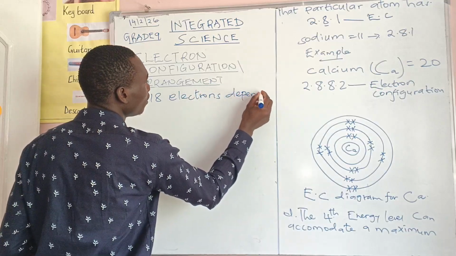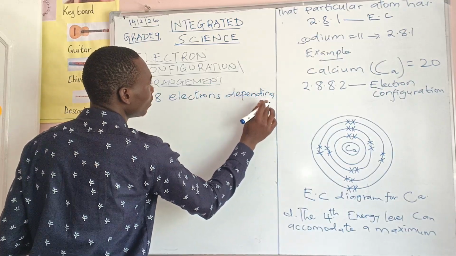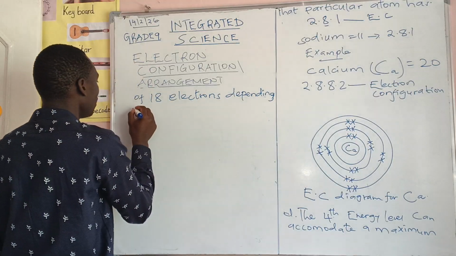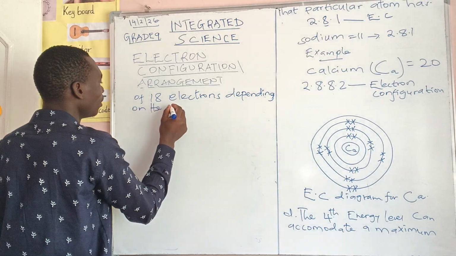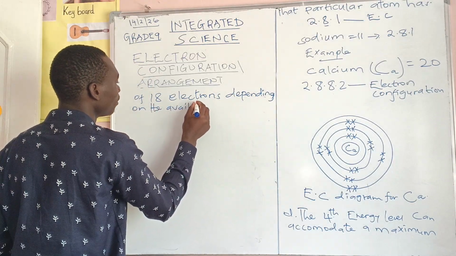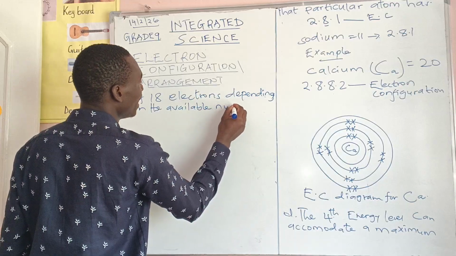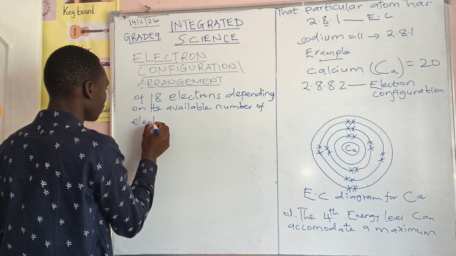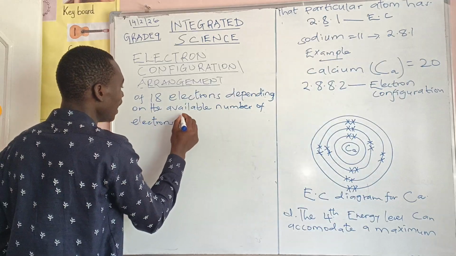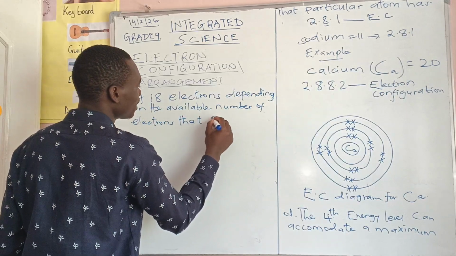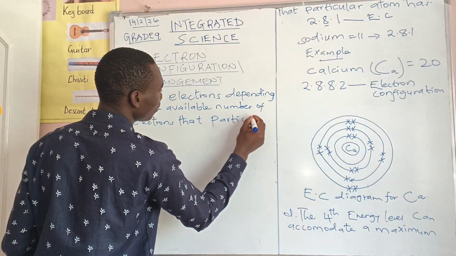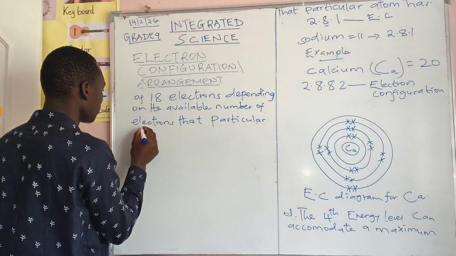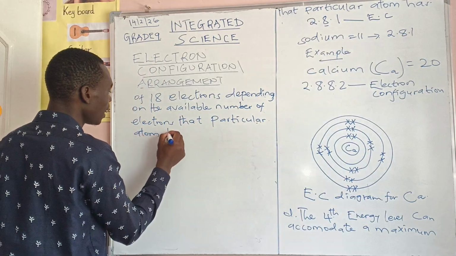It can accommodate a maximum of 18 electrons, depending on the available number of electrons that particular atom has.